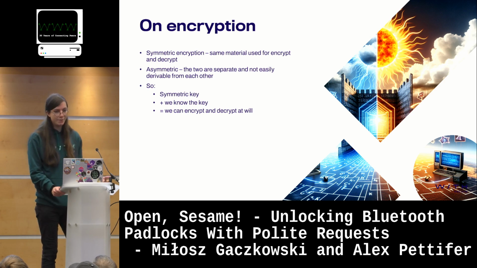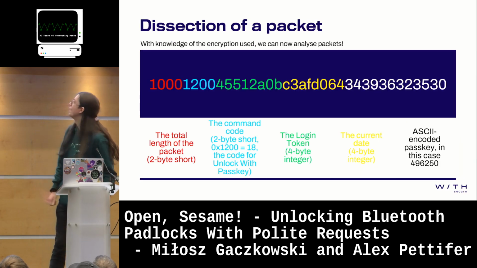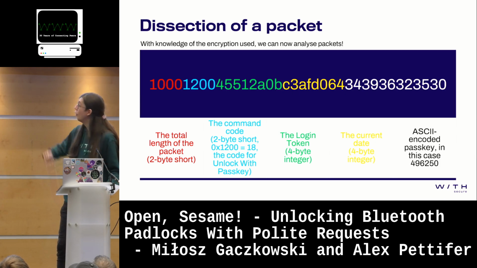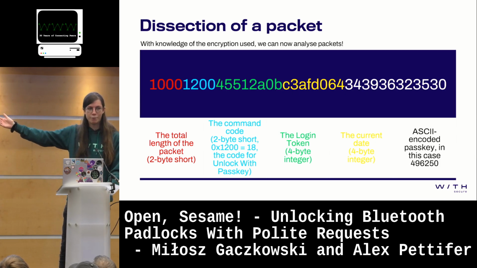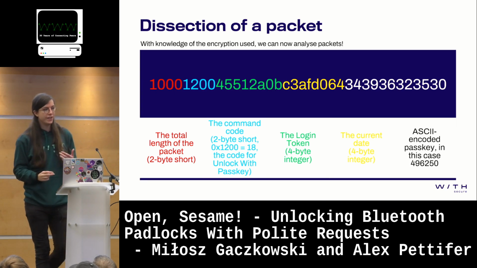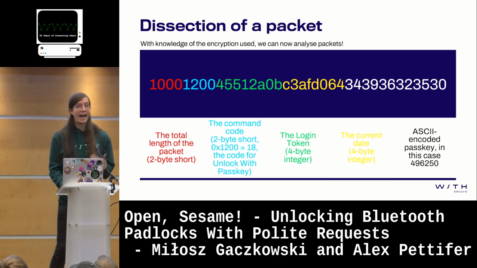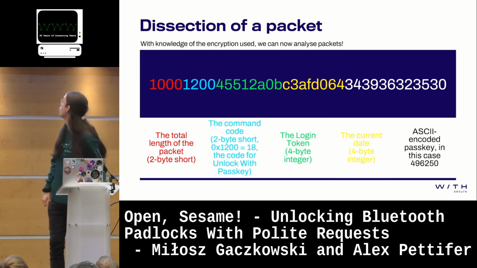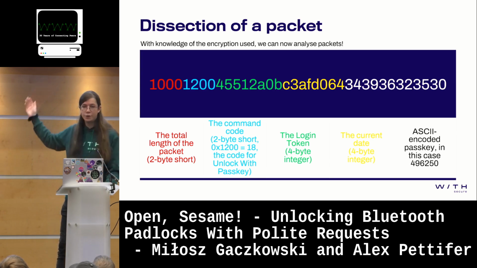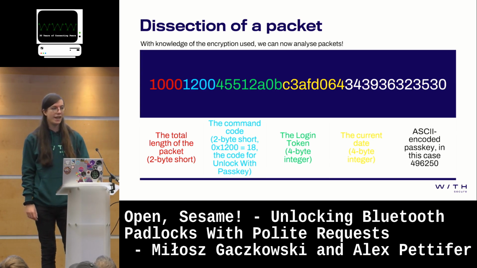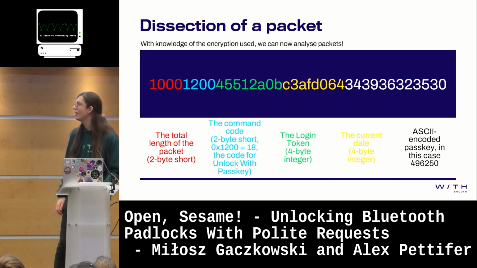So, after decrypting a packet, this is what we found. This was the consistent format of them. They always started with the total length of the rest of the packet, followed by a little command code, which would tell the lock what function to perform, whether it be unlock, add a new fingerprint, whatever. Then a login token, which is negotiated when it first connects to the lock.